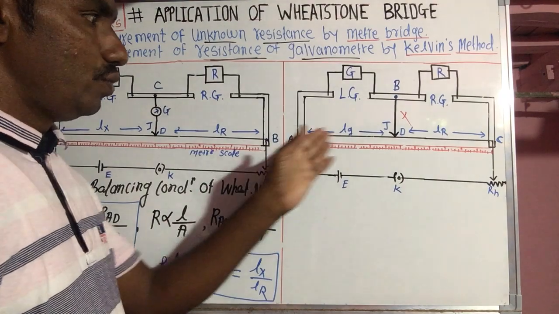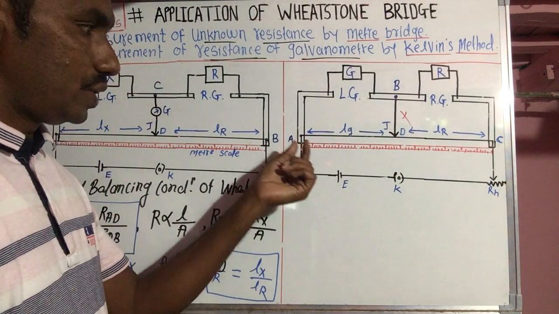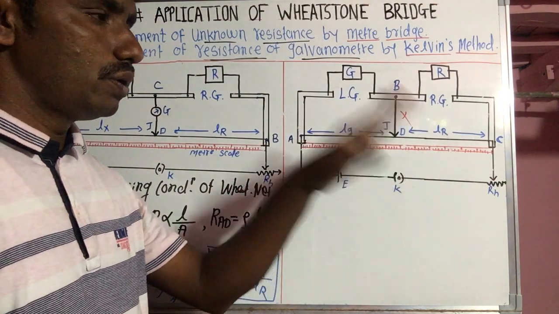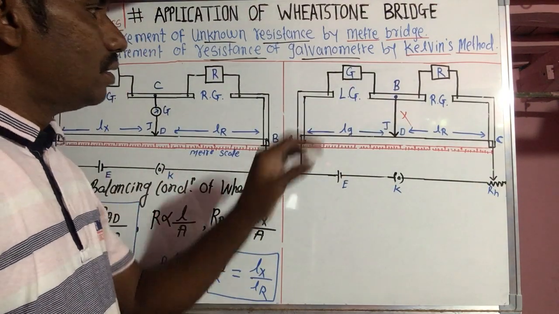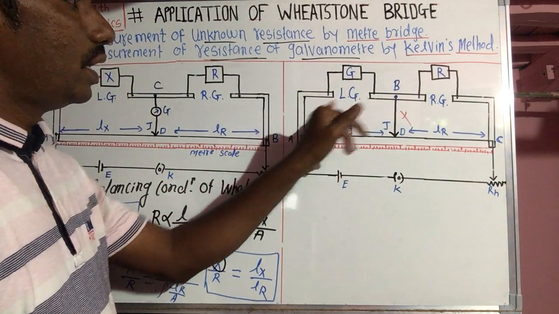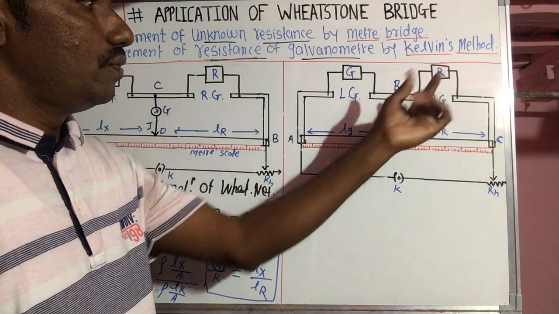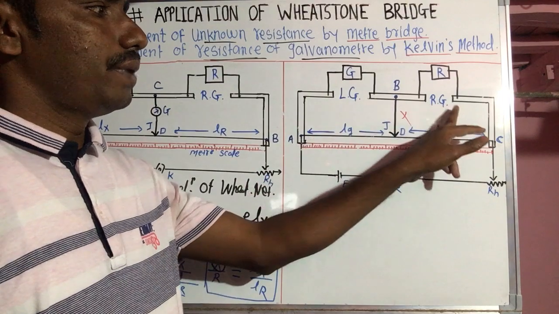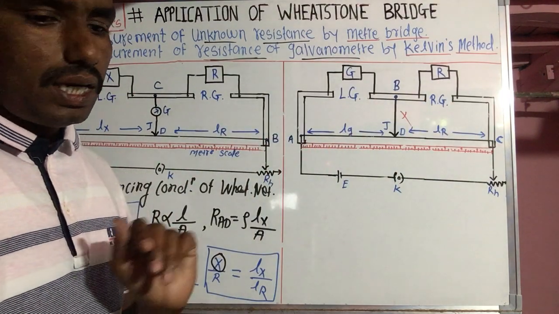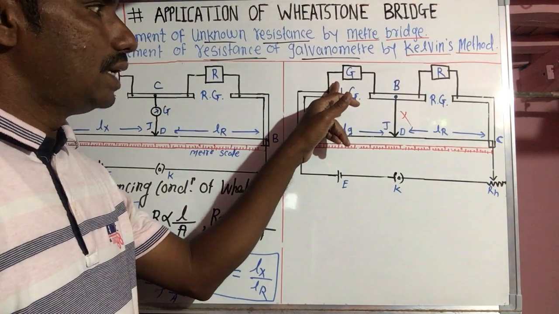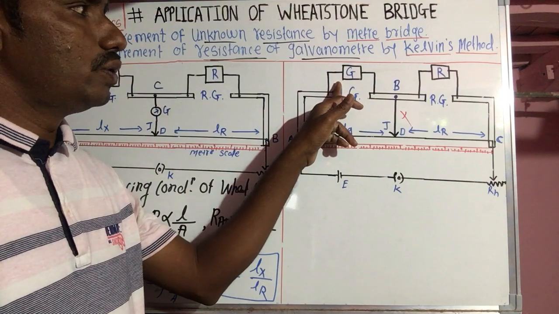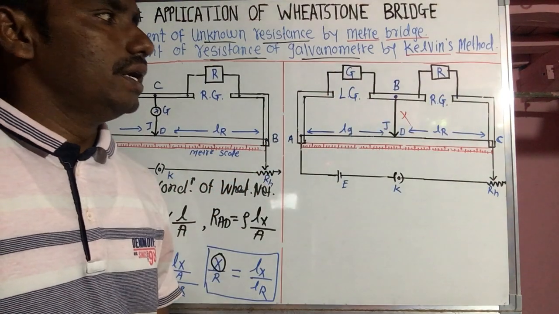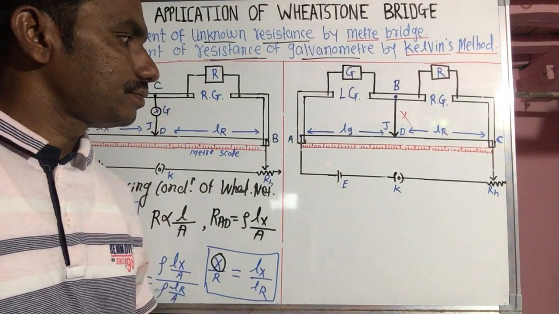There is a thin and uniform wire stretched on a meter scale, which is fixed on a rectangular wooden board. There are three strips, two L-shaped strips and one central strip, that form the two gaps, left gap and right gap. In the left gap we connect the galvanometer whose resistance we want to calculate, and in the right gap we connect the resistance box.